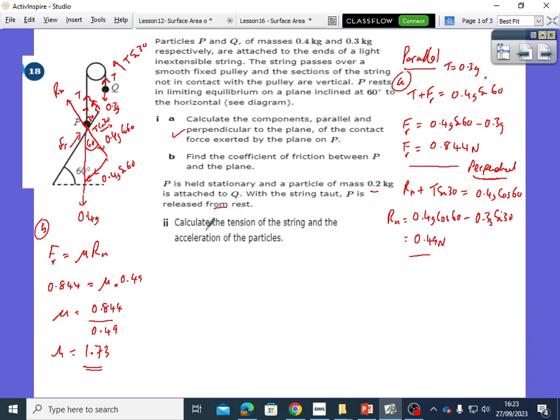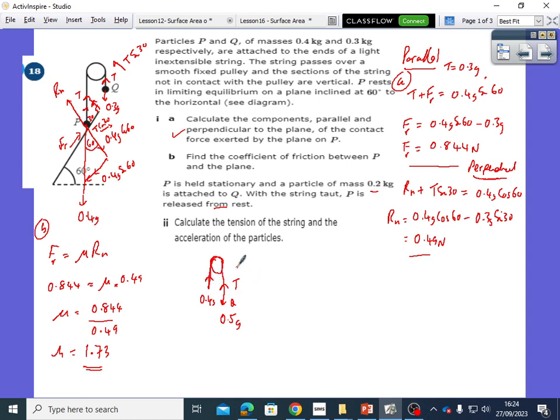Okay, let's calculate the tension of the string and the acceleration of the particles. So what will happen now is there's just going to be vertical motion happening here, so you end up with only the vertical, there's no more attachment to that slope. So this will come down at 0.5 g with the tension going against it, and this particle P, which is 0.4 g, will be pulled up, the weight going against it.